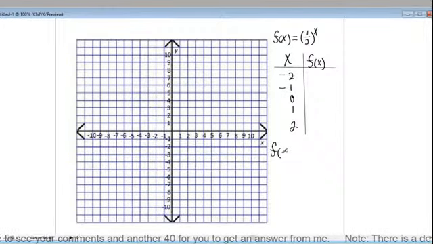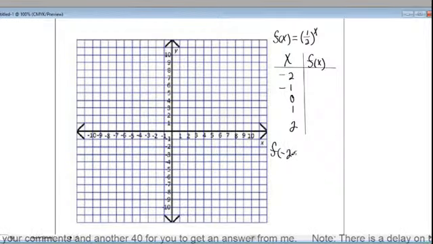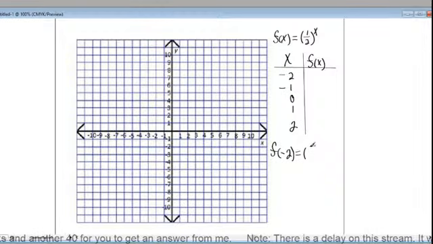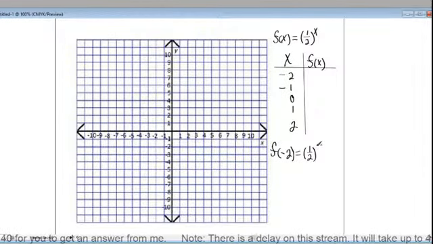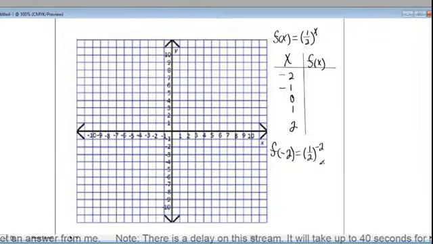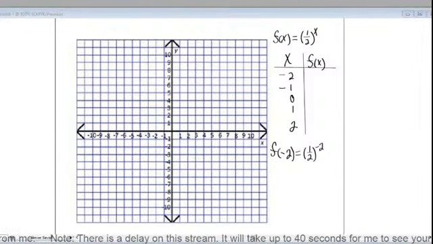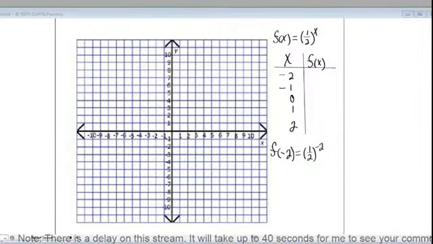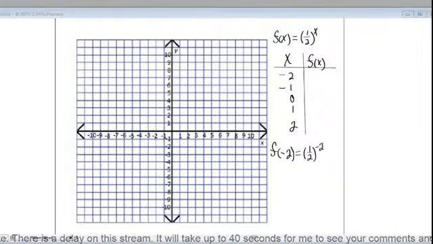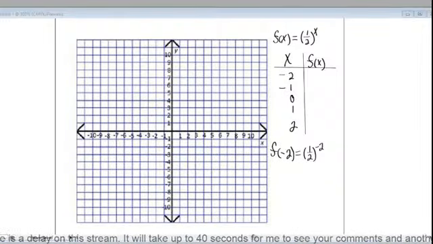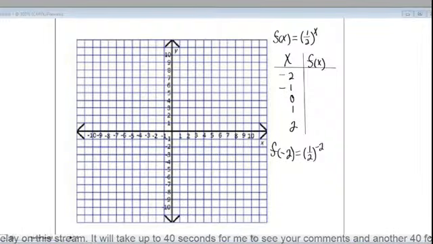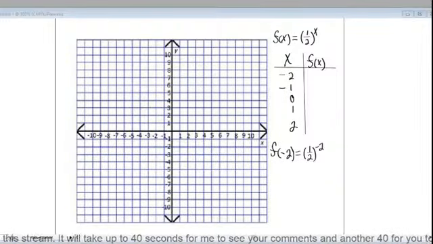So this would be f of -2 equals 1/2 to the -2. Again, what this negative on our exponent is going to do is flip our number. It's going to take the reciprocal. So the reciprocal of 1/2 is 2/1, or just 2.